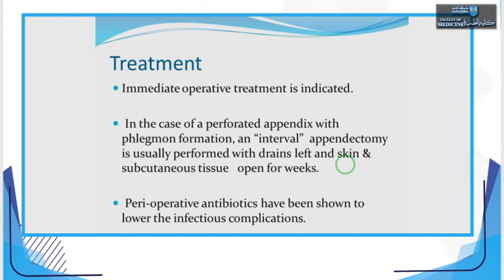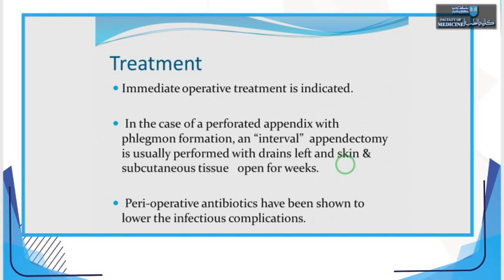This means that the patient with a phlegmon, you can treat with a conservative Ochsner-Sherren technique until the inflammation subsides, and then you wait for almost 3 months and you do an interval appendectomy.